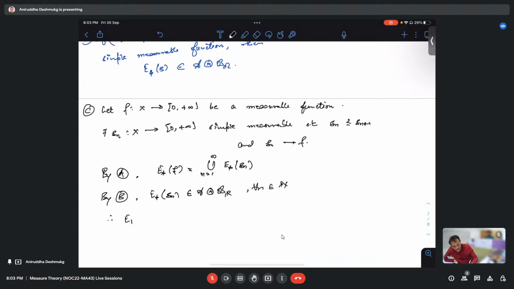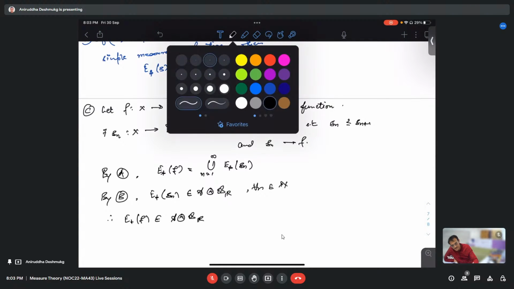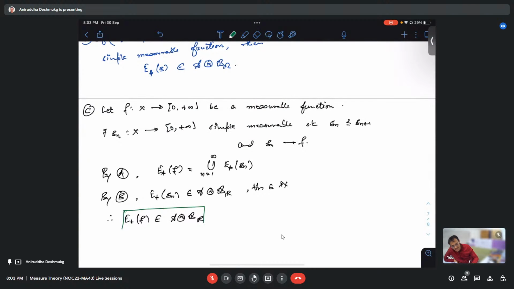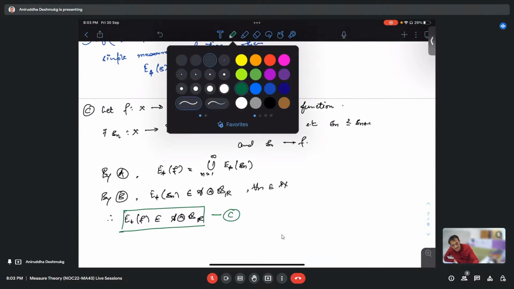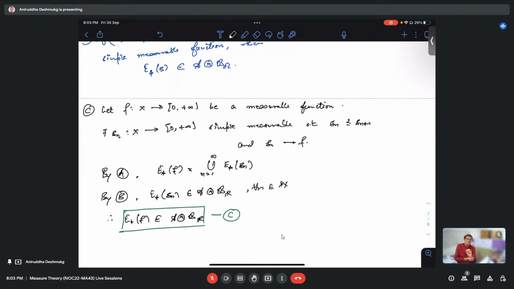Therefore, E lower star f is inside A cross the Borel sigma algebra of R. And this is our third result: for any non-negative measurable function, this E lower star f is inside the sigma algebra generated by the rectangles of A and B_R.